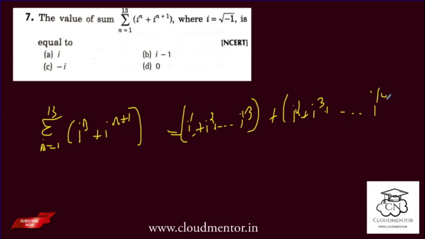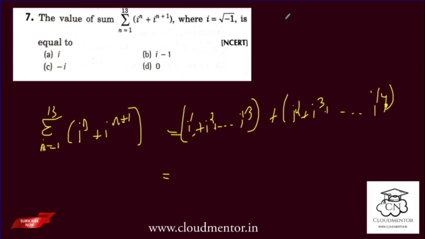And now how to solve this sum? We know that the sum of any four consecutive powers of iota is 0.